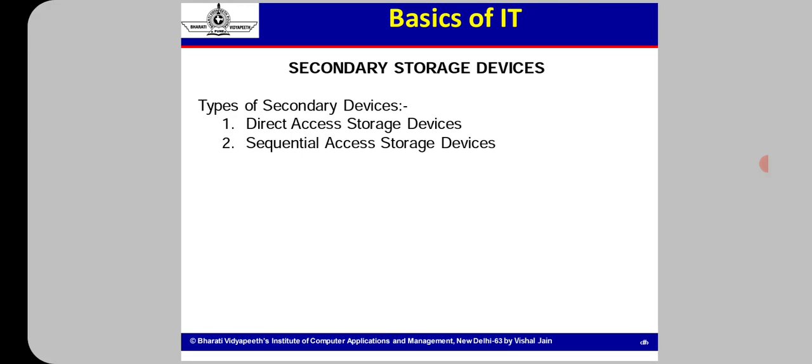So memories are basically of two types: primary memory and secondary memory. What are secondary memories and secondary storage devices? What are the differences, the characteristics and features, of primary and secondary memories?